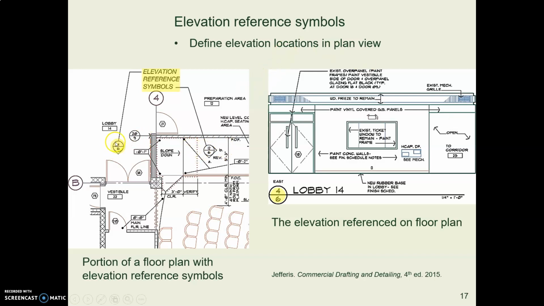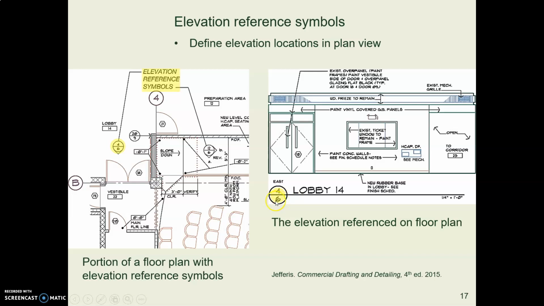Here is this reference symbol again. We'll come back and look at that next time. So this circle, the number in the top is what elevation thing is it? So this is elevation view number 4. The number in the bottom is what page number is it on. So this one is on page 6 or sheet number 6.